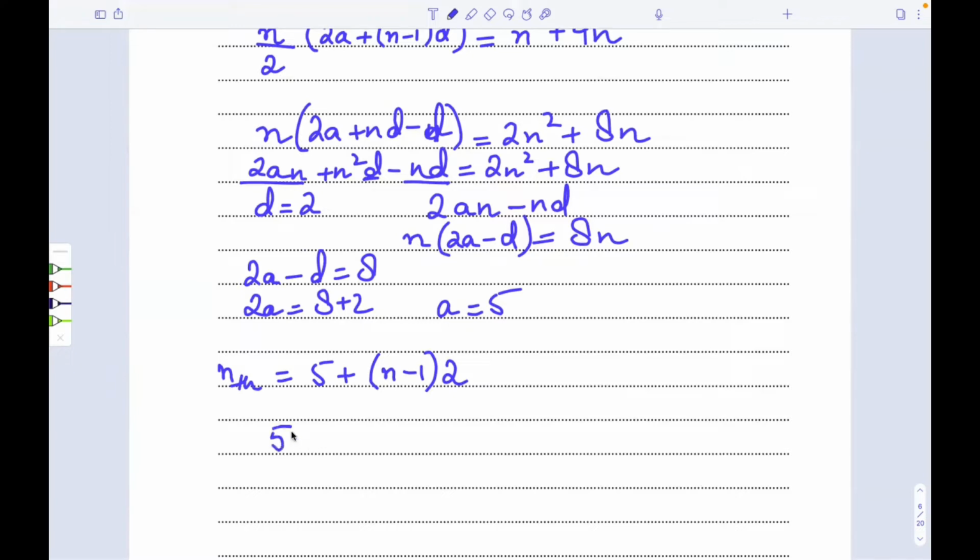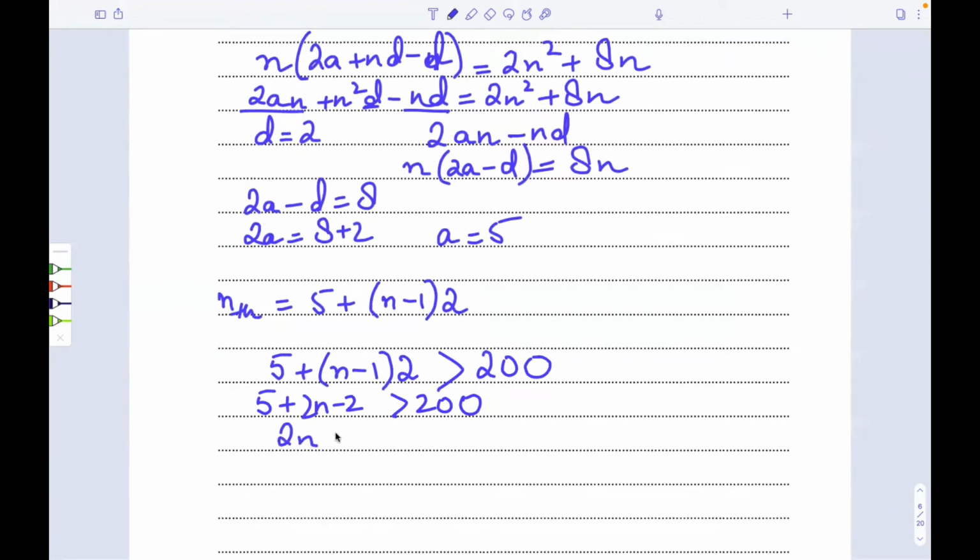So we can write this formula as 5 plus n minus 1 into 2. In this case it is k, so we can replace it with k later on, and this is greater than 200. Solving this, we get 5 plus 2n minus 2 is greater than 200.